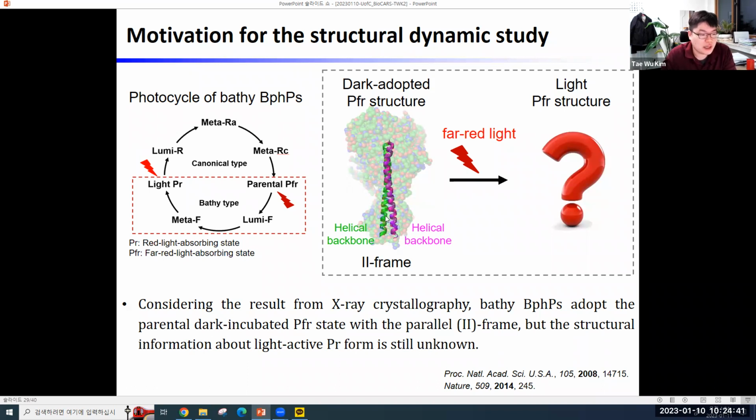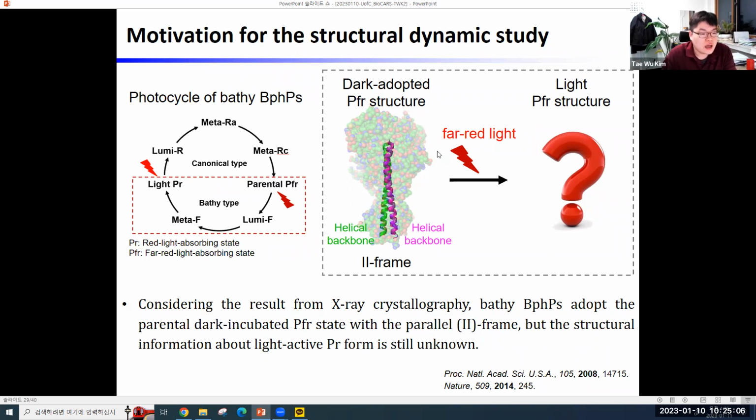This is a very well organized helical backbone in this system. In that study, they reported that this bacterial phytochrome has the parent state, that's the Pfr state. And photoexcitation from here can generate the final light-induced Pr state, that's the final product state.